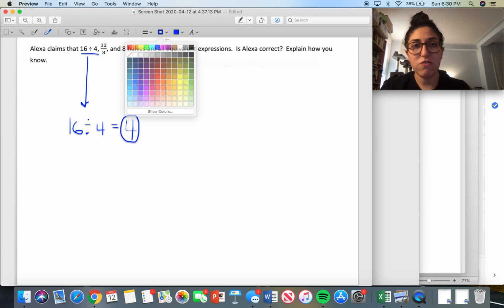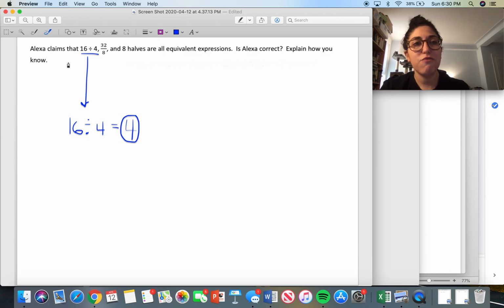So what this question is asking us to do is figure out if that person is right when she says that 16 divided by 4 is equal to 32 over 8 and is the same as 8 halves. What 8 halves means is 8 groups of 1 half, so I would say 8 times 1/2, because that's what halves are.